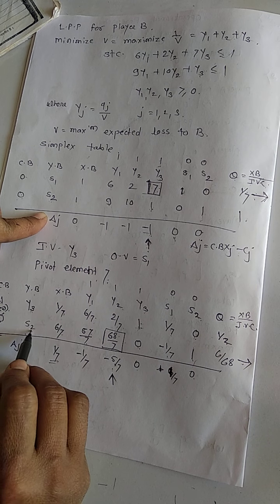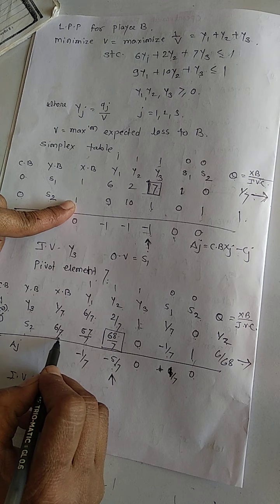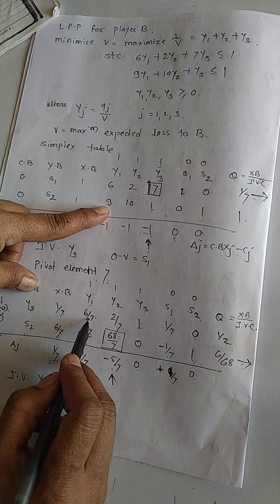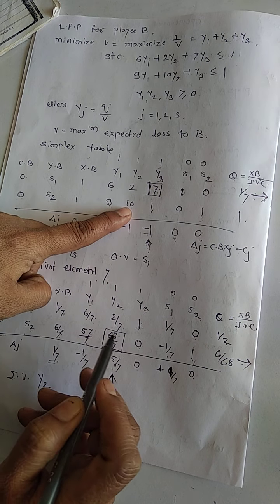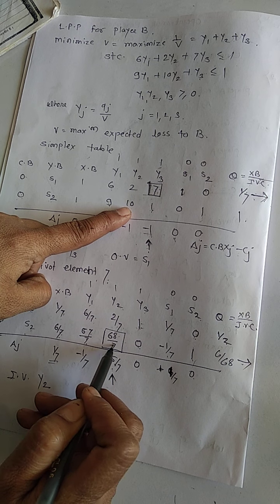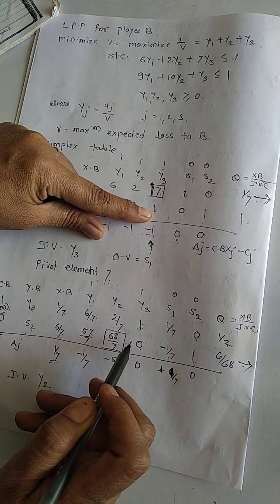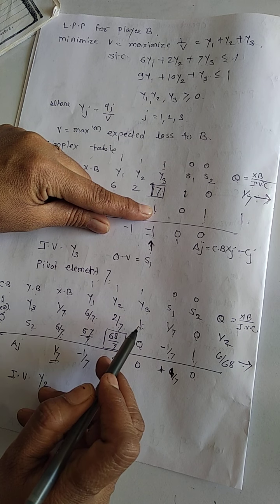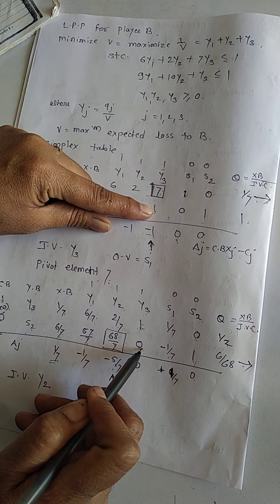Then here S2 is 0, 1 minus 1 by 7, that is 6 by 7, 9 minus 6 by 7, that is equal to 57 by 7, 10 minus 2 by 7, that is 68 by 7, then 1 minus 1 minus 1, that is equal to 0.